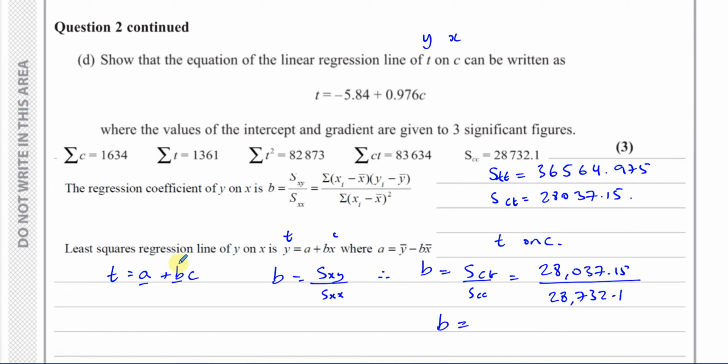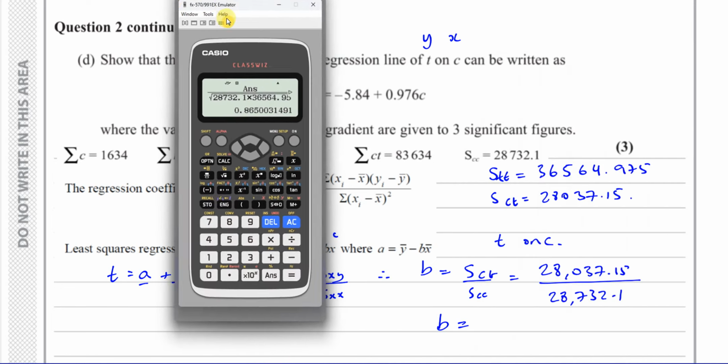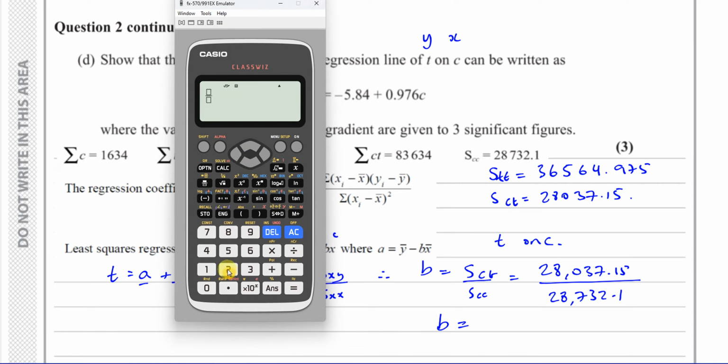So we can work out what the value of b is, right? That's part of the equation of our line. If we put that in a calculator, we have 28,037.15 divided by 28,732.1.